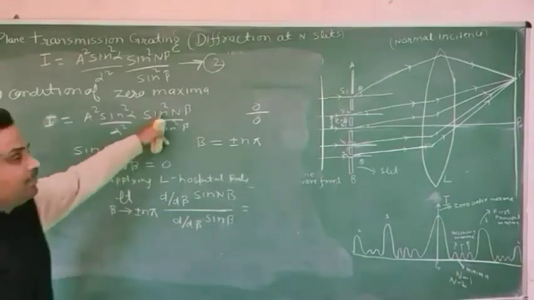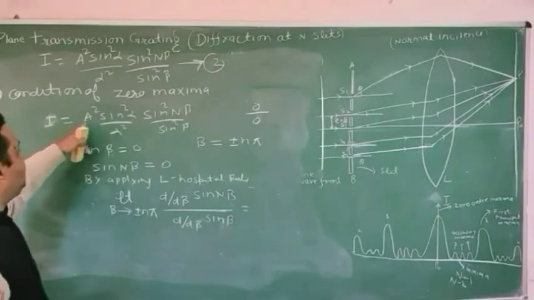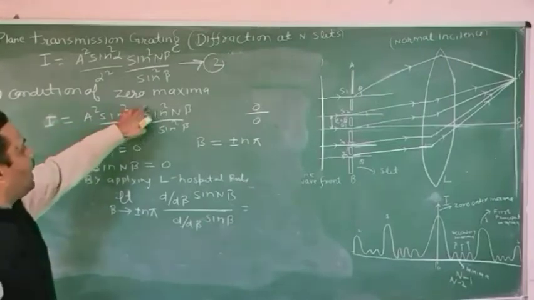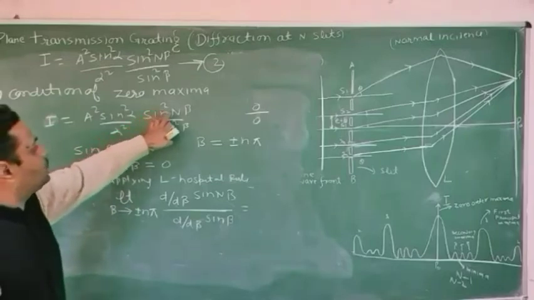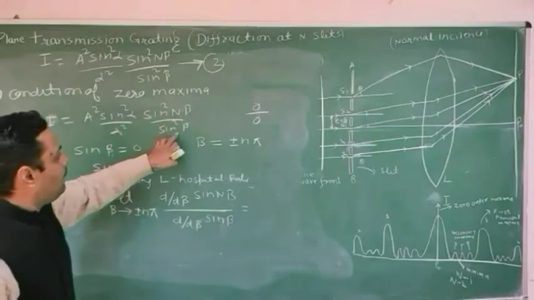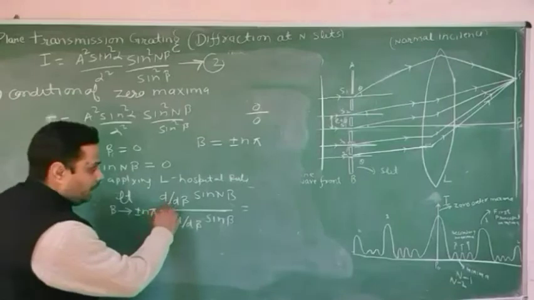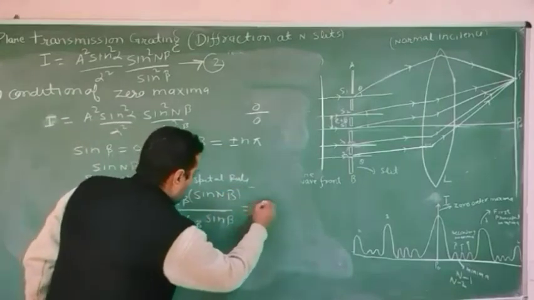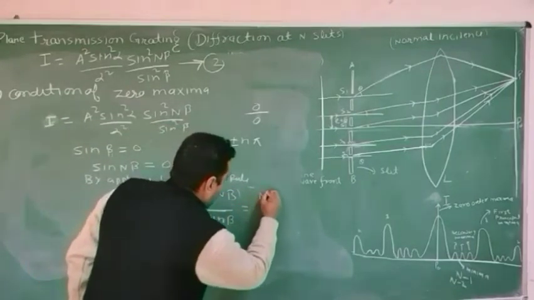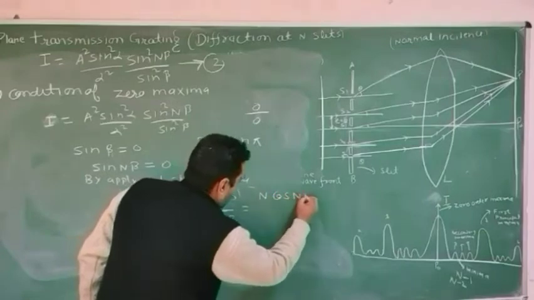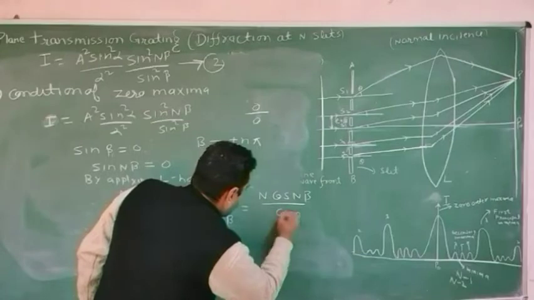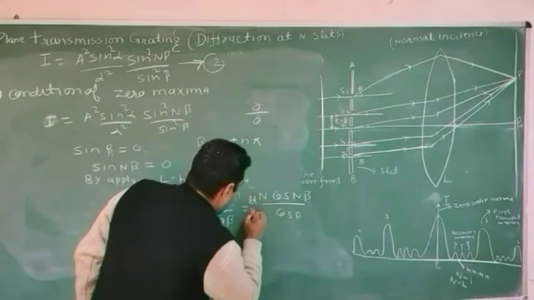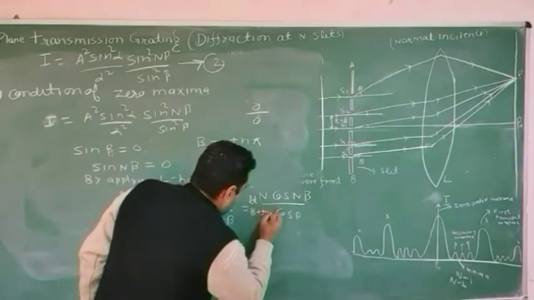For the resultant, A sin alpha upon alpha is a constant, that is the total amplitude, and then sin N beta upon sin beta. So taking the amplitude, we find N cos N beta upon cos beta, with the limit as beta is plus minus n pi.